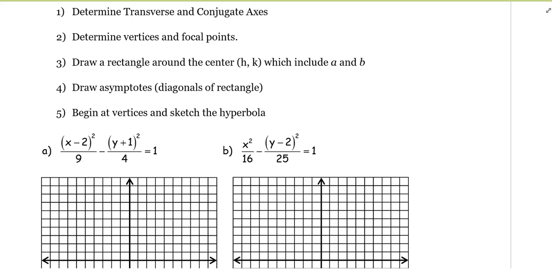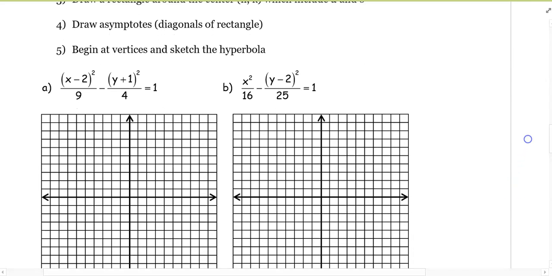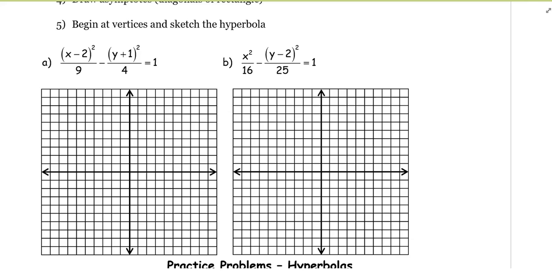So when I say determine the transverse and conjugate axes, what I'm really thinking about is what direction does this open? Is the x the positive term or is the y? And in A, it is the x. So I do have a horizontal hyperbola. I know that a squared is 9 and b squared is 4.